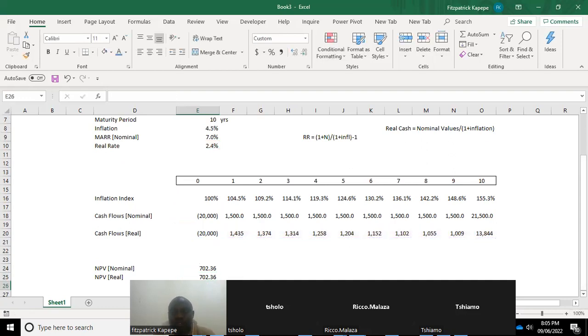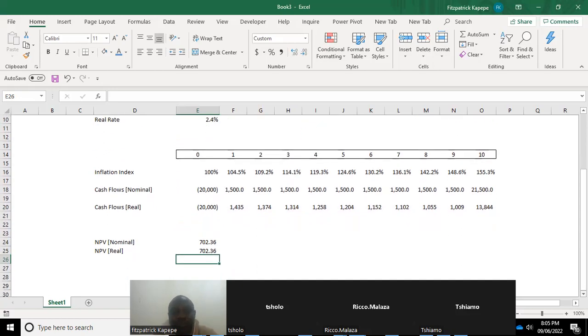So this is how you do it. But in case you get a bit confused on using the NPV function and how you include the initial capex, we can still calculate using the discount values.